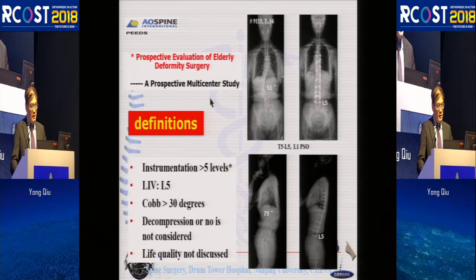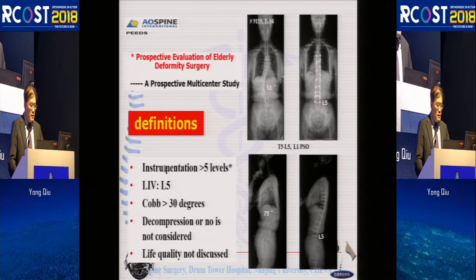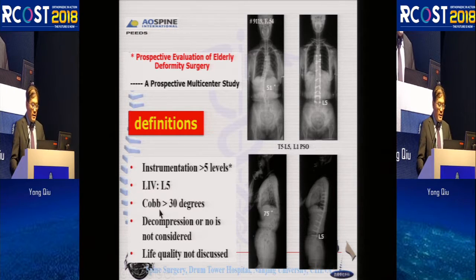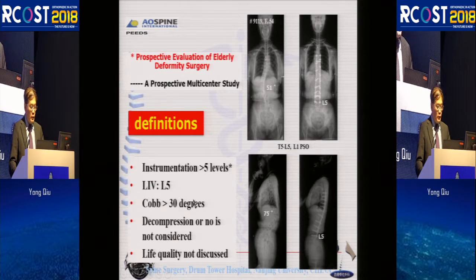They used 5-level instrumentation as long instrumentation. So in my presentation, long instrumentation means more than 5 levels, and the low instrumentation level is L5, not L4, and the coronal Cobb angle is more than 30 degrees.